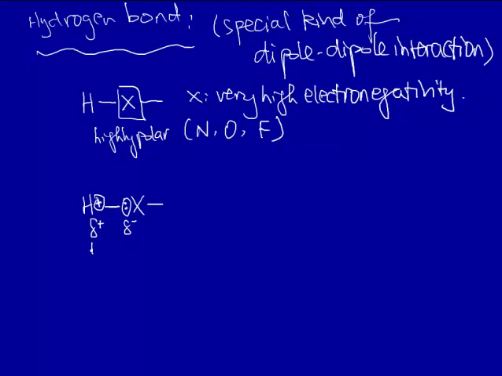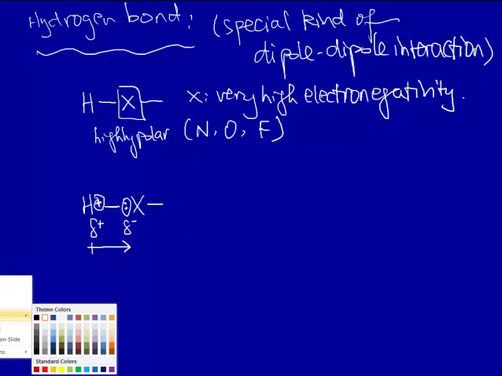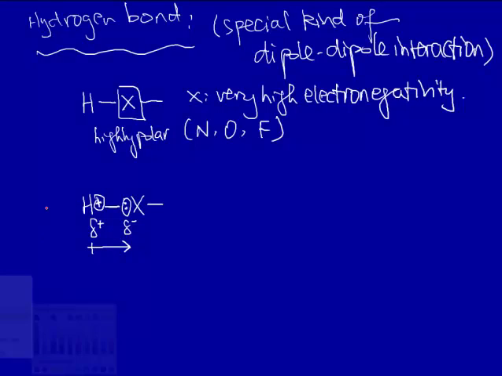So this is a very, very strong dipole moment. This hydrogen atom is essentially like a naked thumb with a very positive partial charge sticking out.